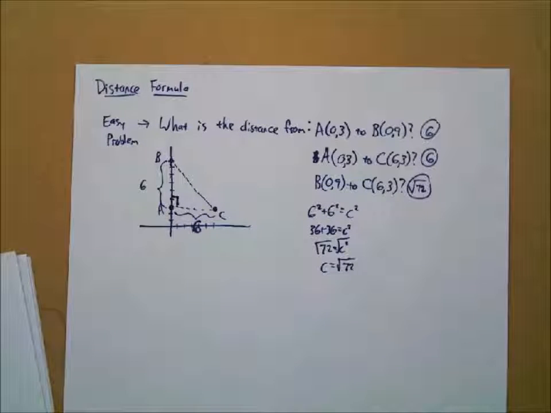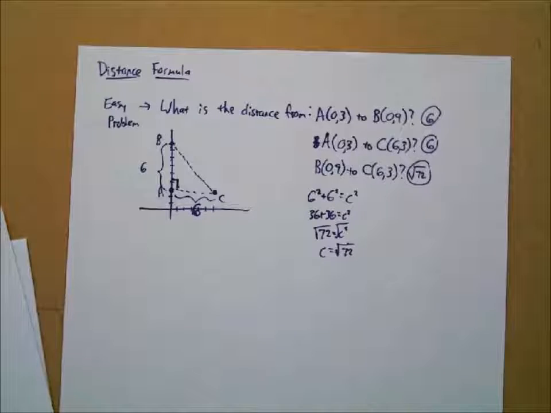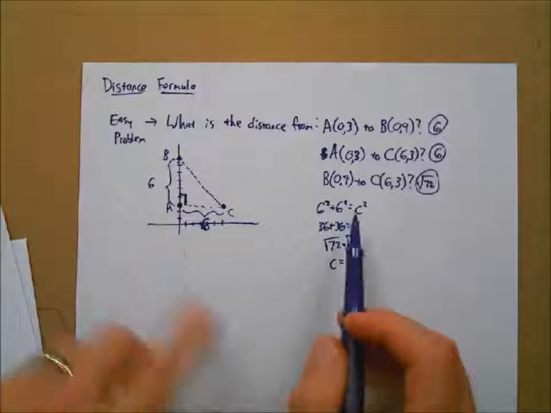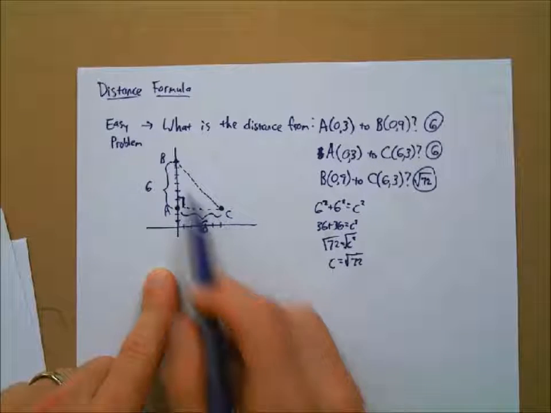If you look here, we want to find this length. This length is the hypotenuse of this right triangle that we have right here. We have a vertical leg and a horizontal leg.